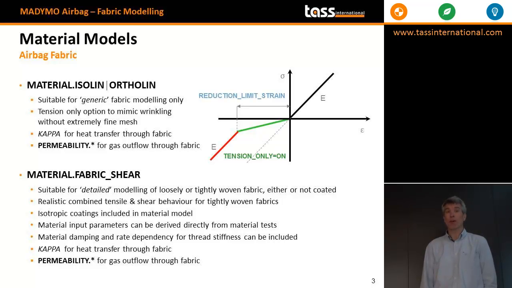You are able to define non-linear functions for your thread directions. You can define unloading and hysteresis for that as well. You can describe the shape of your airbag much more accurately than with isolin ortholin. Also for fabric shear, you can apply permeability models. The permeability models will be interesting in another presentation.